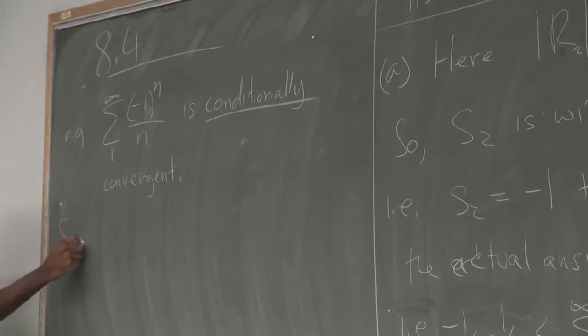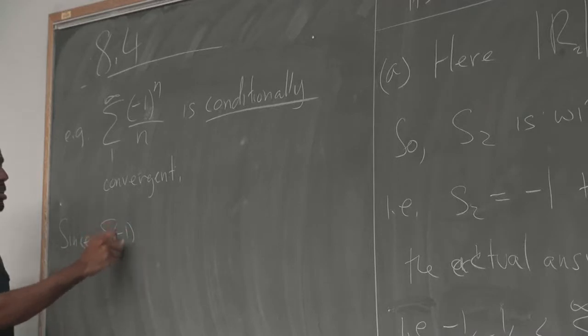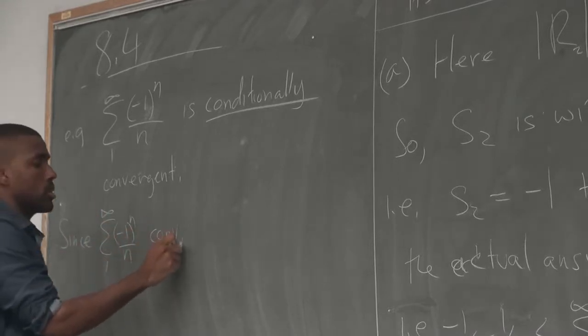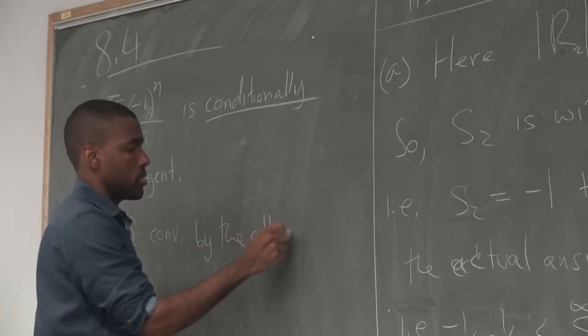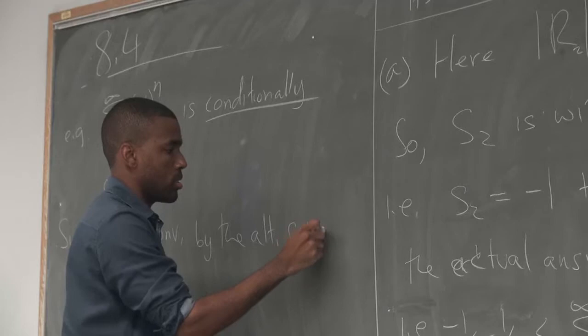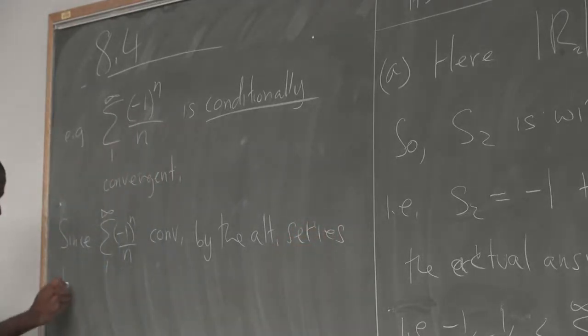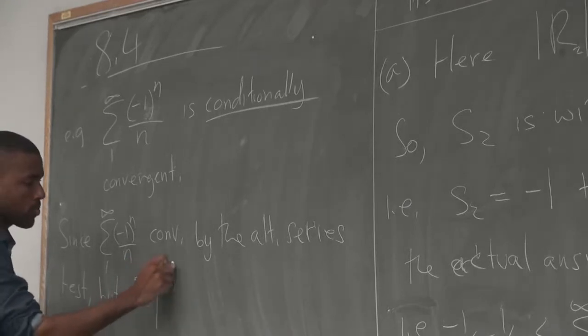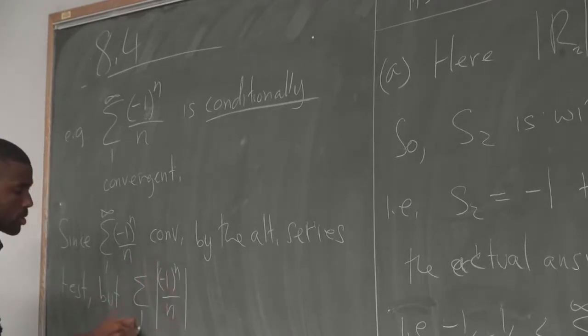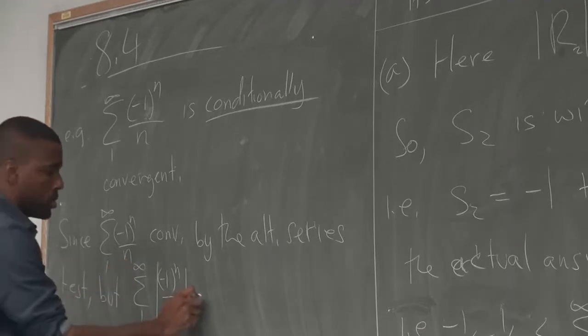Since this guy converges by the alternating series test, but if I put absolute values around all the terms, what happens?